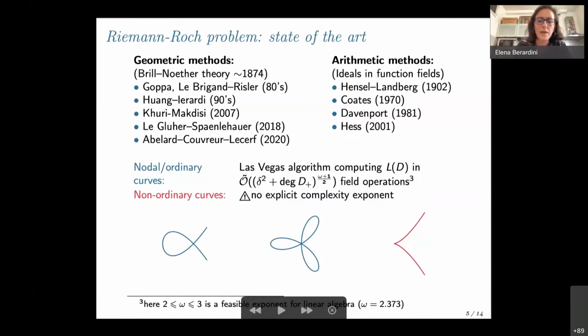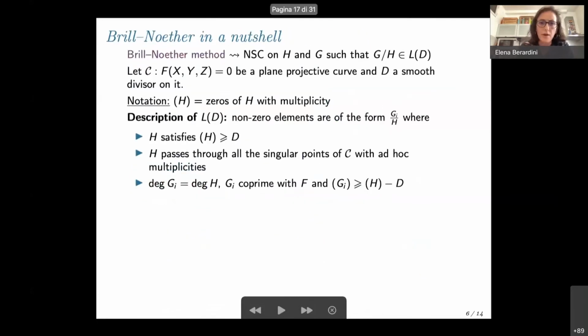So this was exactly the focus of the project that we did last year, and which relies on the Brill-Noether method that gives you necessary and sufficient conditions on H and G such that G over H is in L of D. So basically you are given a curve and a divisor D on the curve, and this method gives you a description of L of D.